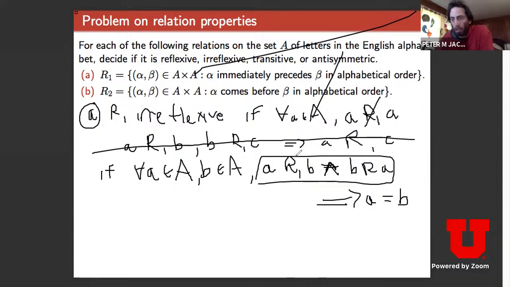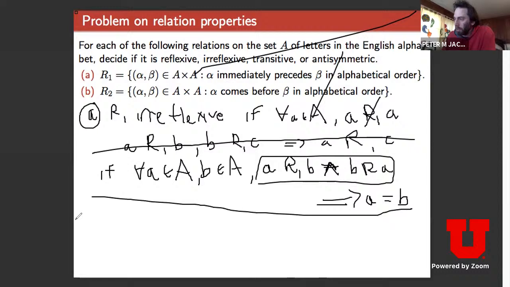But if a immediately precedes b, then it's not true that b immediately precedes a. So the antecedent is never true, which means the implication is trivially true, and so this is an antisymmetric relation.